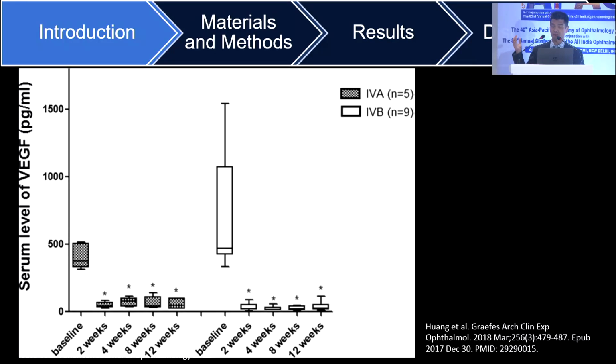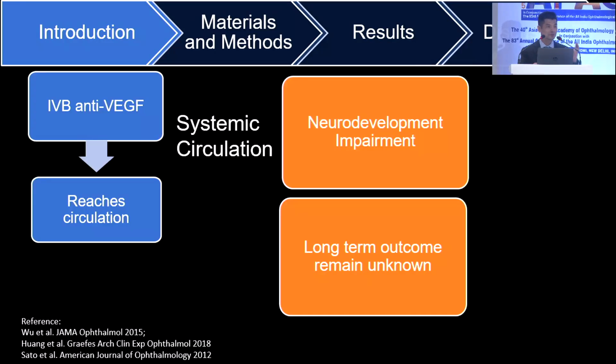And because VEGF is such an important neurodevelopmental growth factor, people worry whether the long-term neurodevelopmental outcome of this vulnerable group of patients will be affected after such treatments. So we don't know their long-term outcome yet.